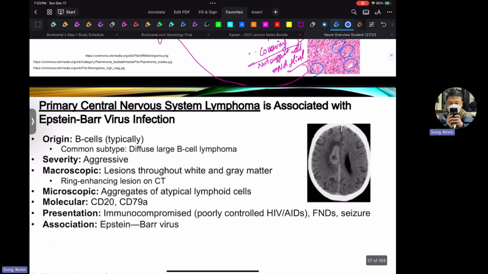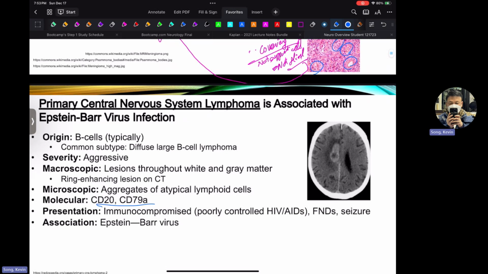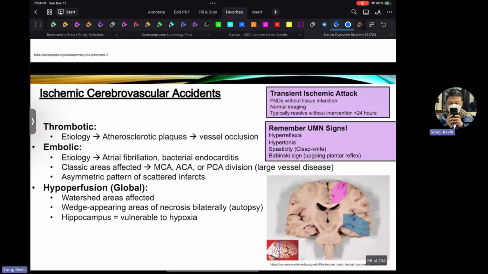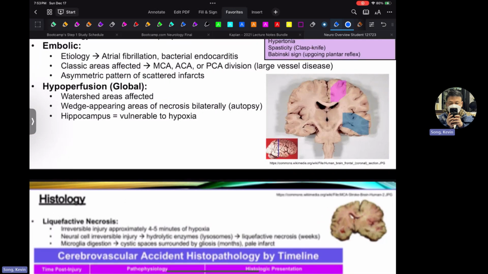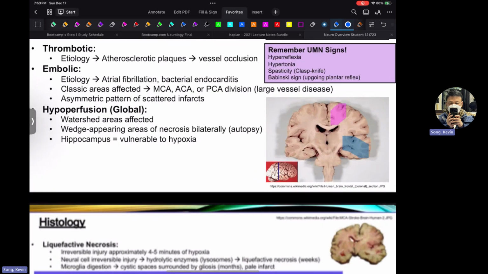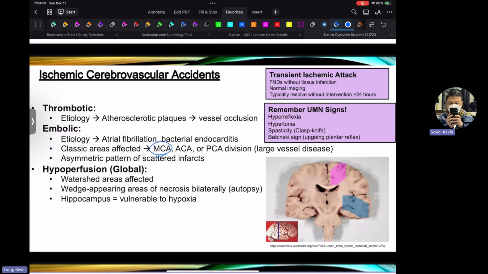Okay, let me see. This one you will probably need to know, but because of the time limit, I'll just skip it. Ischemic cerebral accident. What you need to know is this: most common is MCA, and basically this is a kind of stroke.